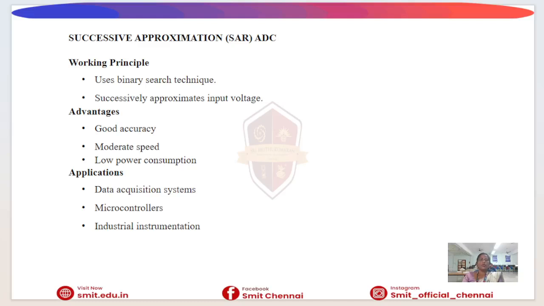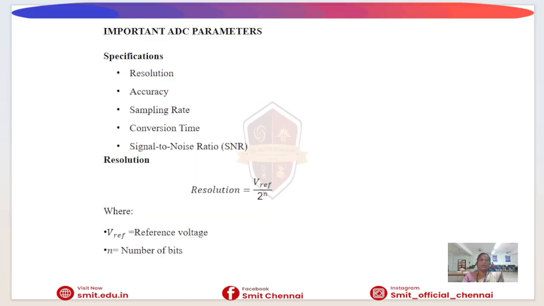Advantages are good accuracy, moderate conversion speed, and low power consumption. Because of these advantages, SAR ADCs are widely used in data acquisition systems, microcontrollers, and industrial instrumentation. Today, SAR ADCs are among the most commonly used ADCs in embedded systems.